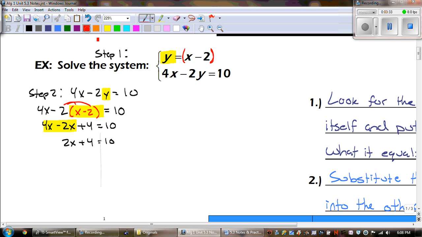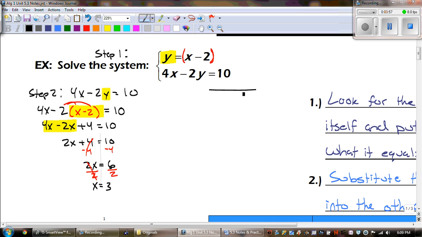And now we would use SADMAP. Okay, so I would subtract the 4 from both sides. We get 2x equals 10 minus 4 is 6. And then the last step would be to divide by 2. And we get x equals 3.